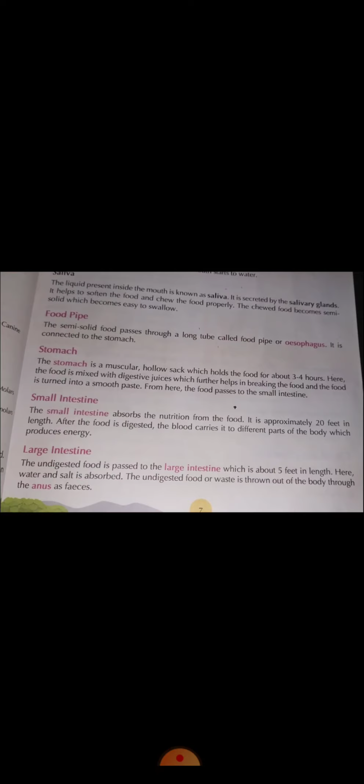So after the absorption of all nutrients, water and salt, whatever is left and thrown out of the body is called feces. F-A-E-C-E-S. You need to mark this word. Okay? This is called feces. So the last part of the digestive system is called the anus.